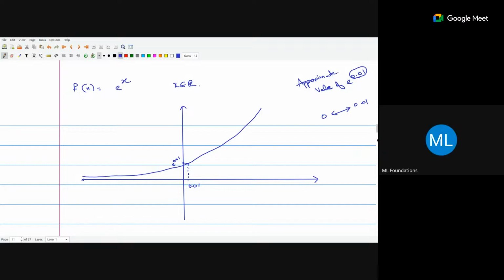So that is why what we do is we know the value e power 0, which is 1. So using this knowledge, this particular data we have, I know e power 0 is 1, and using this, can I approximate this?